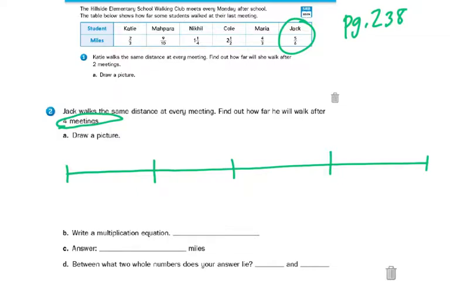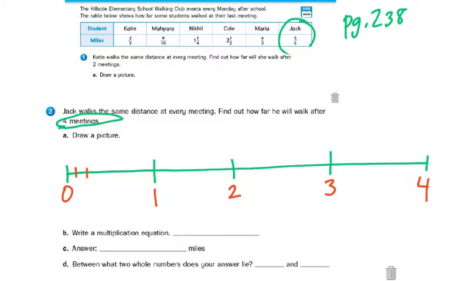Now, his denominator is 6ths. If you can see that, 6ths. So I'm going to call this 0 miles, 1 mile, 2 miles, 3 miles, and 4 miles. And I'm going to divide each into 6 equal parts.